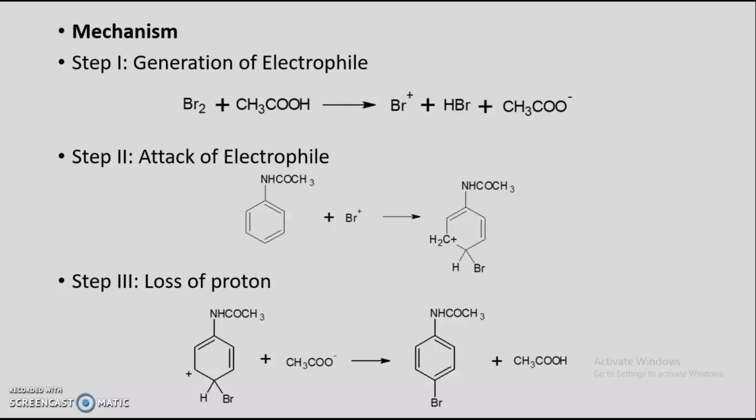Because what happens when the electrophile is attacking the surface of the acetanilide? This acetanilide group shows an electron-donating resonance effect, due to which it places a negative charge on the ortho and para positions.